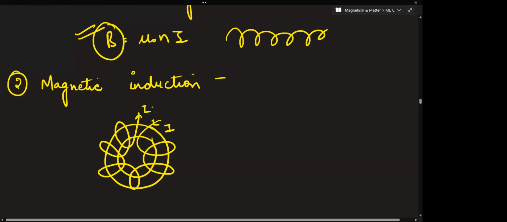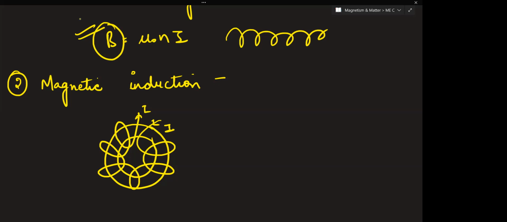So what is magnetic induction? It is the magnetizing field and whatever magnetic field is present. The magnetizing field is what you have studied just above, and the magnetic field we call magnetic induction.